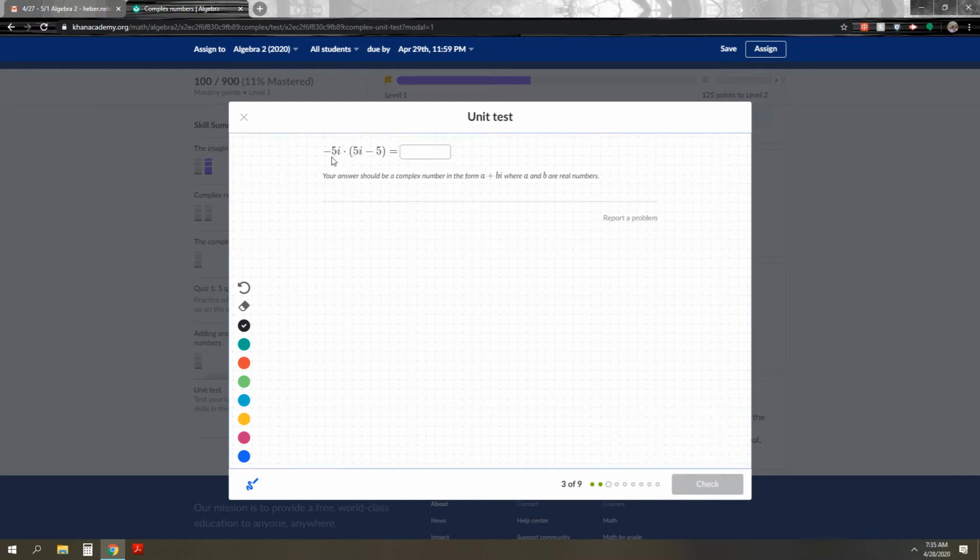Here we're multiplying. Negative 5 times 5 is negative 25 i squared. So we're getting, oh, this is going to be so much easier with the writing tablet. Okay. So we have negative 5i times 5i minus 5.